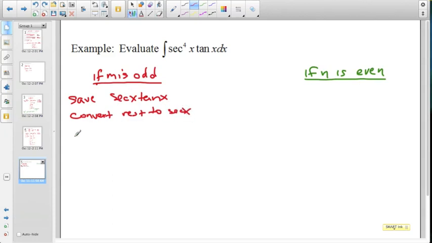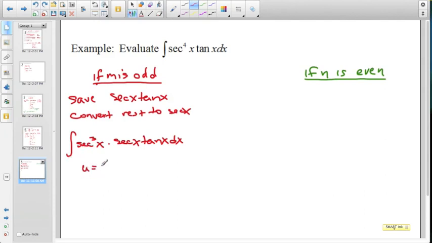Okay, so when we rewrite this, if we save a secant tangent, that's going to leave us secant cubed x times secant x tan x dx. And as you can see, if we save a secant tangent, the rest are already in terms of secant, so we don't have to do any conversion, so to speak.